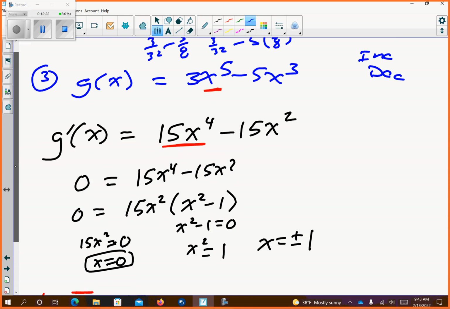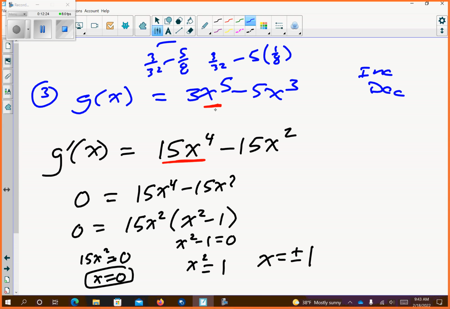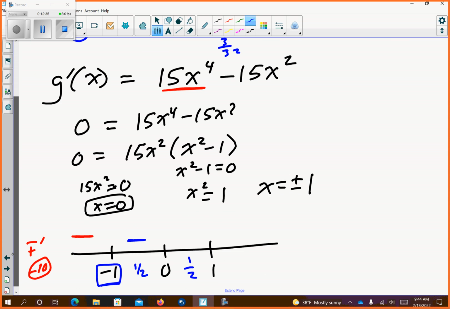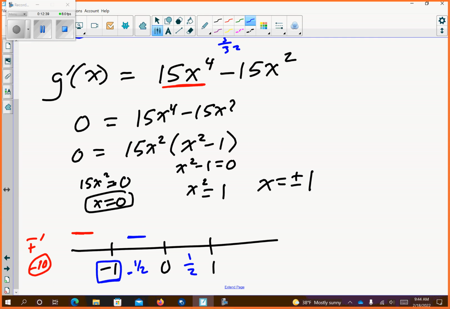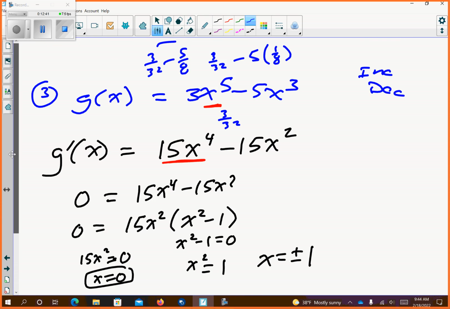If I plug half in to our given, this is going to give me 3/32. Oh, wait, you know what I did? No one stopped me. This should have been -1/2, shouldn't it? That's dumb. So that's negative, positive. Okay, so it should have stayed negative.